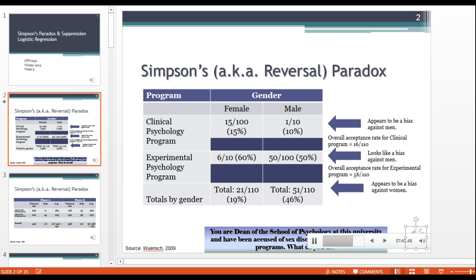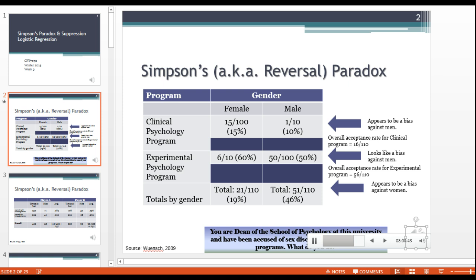So in this case, females have an acceptance rate of 37.5% and males 30%. So it looks like a slight bias against males, which makes sense because when we looked within program, that's what we saw as well. So we can trust this result.